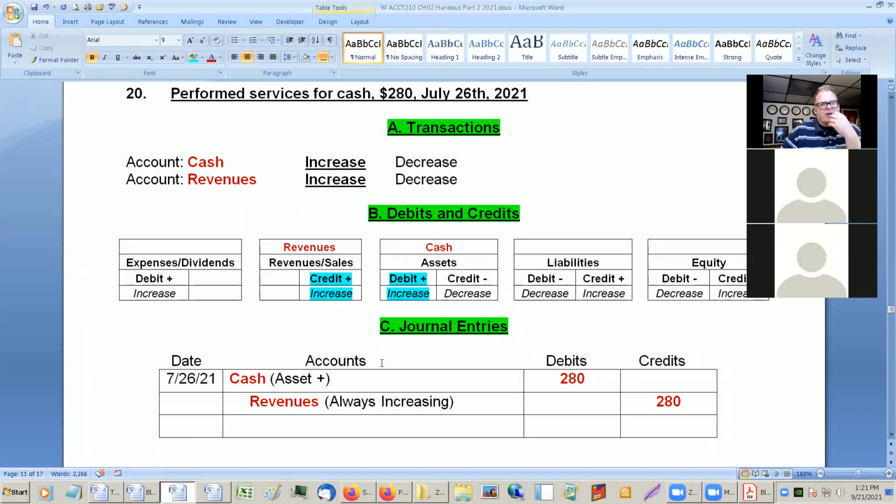It could be something strange, or revenues entered wrong or something, but for the most part, 99.9% of the time, they're going to be credits.